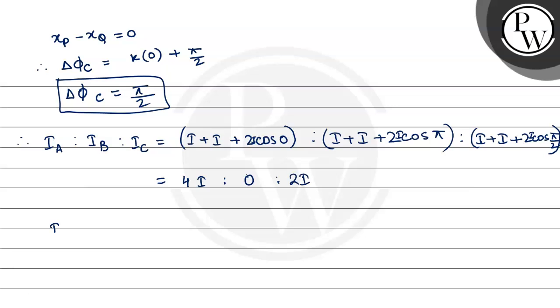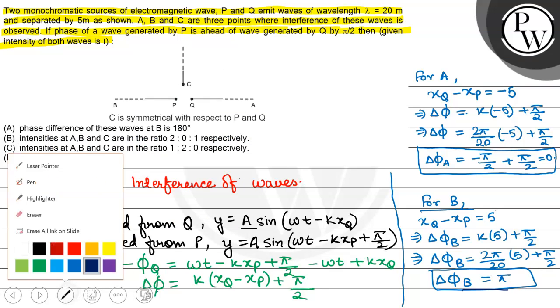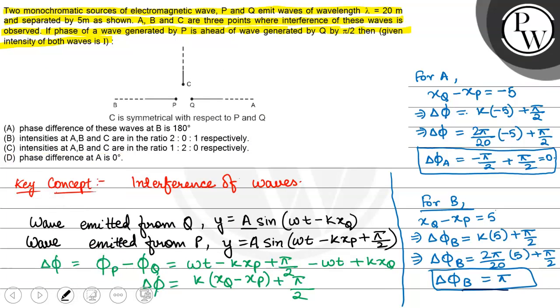So intensities IA is to IB is to IC will be in the ratio 2 is to 0 is to 1. So the correct answer will be option B.